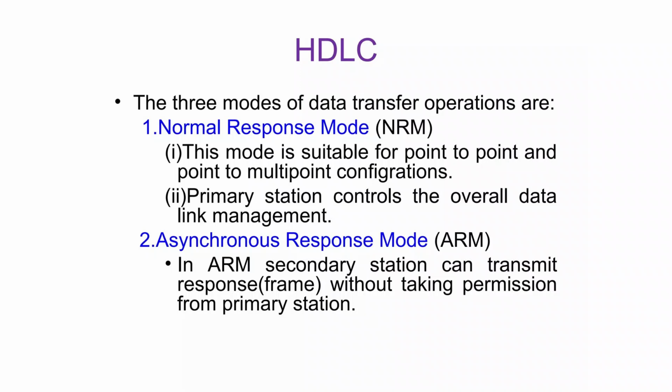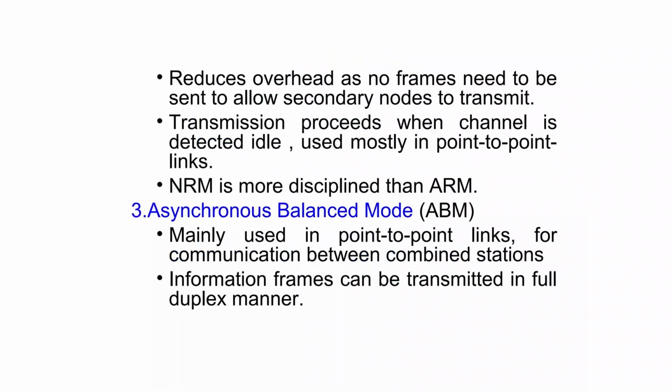Why are we going for ARM? In NRM, sorry, in ARM, if everything had to ask permission from the primary, it would take more delay. Without taking permission, they can communicate to the primary directly, which is hassle free, right? And the third mode is the asynchronous balanced mode.